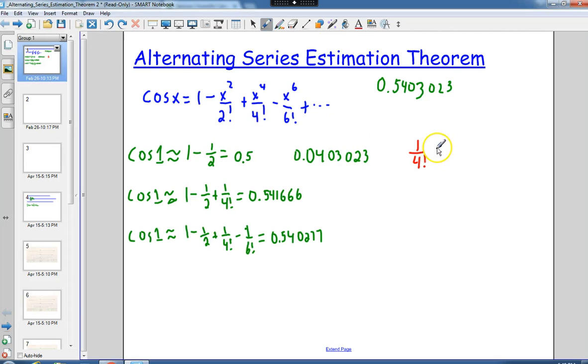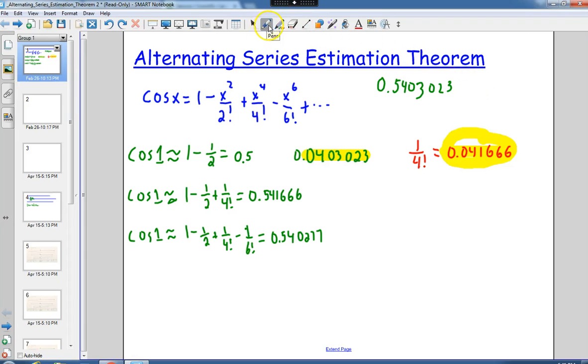And the interesting thing about 1 over 4 factorial is that it is equal to 0.041, with repeating decimals of 6. And when we compare this first excluded term to the actual difference, we see that this term here is more than the actual difference between the second partial sum and the actual sum of the series to the first 7 decimal places.